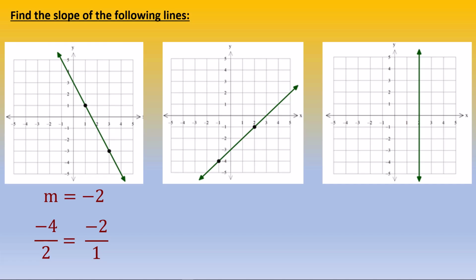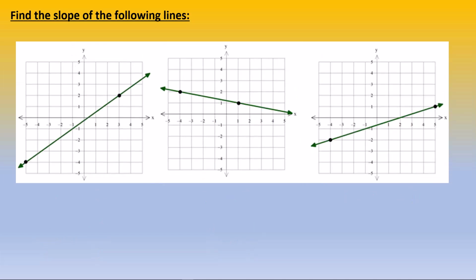Between these 2 points, the rise is 3, the run is 3. This reduces to 1 over 1, which reduces to simply 1. The slope for this line is 1. Let's try this one. In this case, you can see that the line is vertical. You can immediately say that m, the slope, is undefined, as we learned earlier in the lesson.